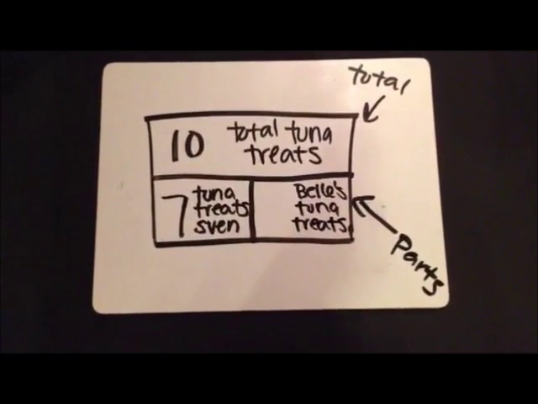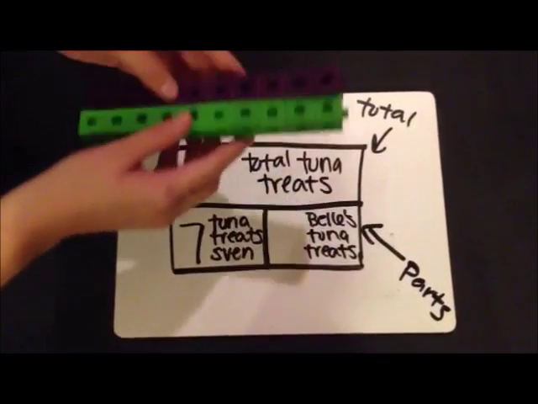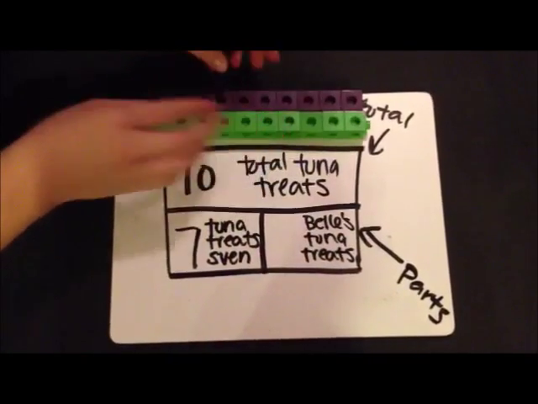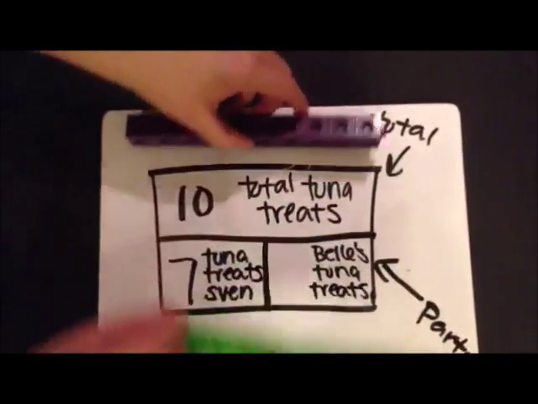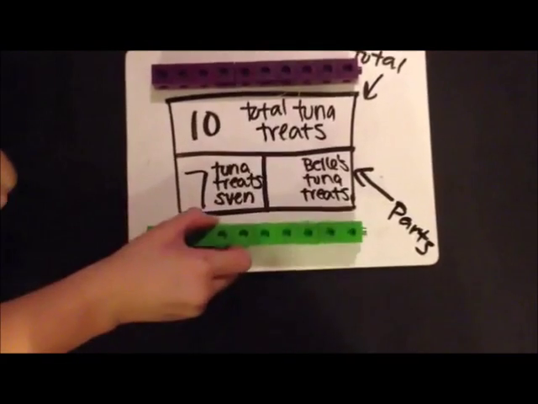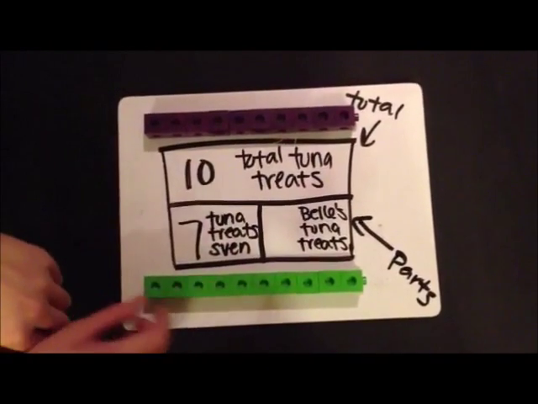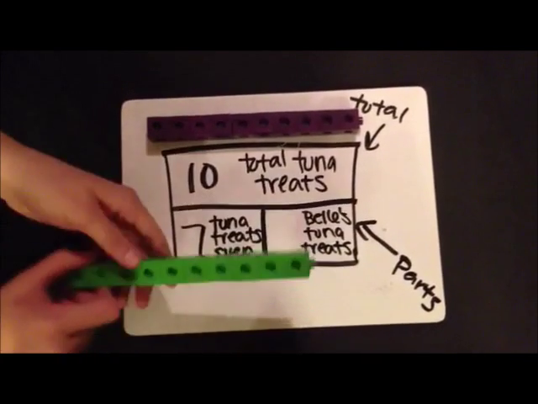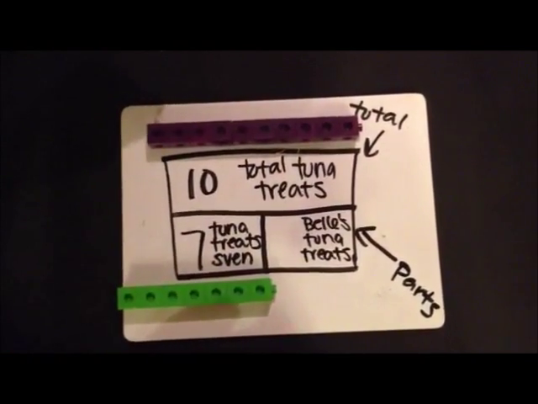The way we can help solve this is also using manipulatives. And right here we have two manipulatives, and there are 10 blocks in each one of these. And so this would represent our total, while this would represent our two parts added together. So if we look at this, we know we have 7 in one part, and so we can put those 7 right here.